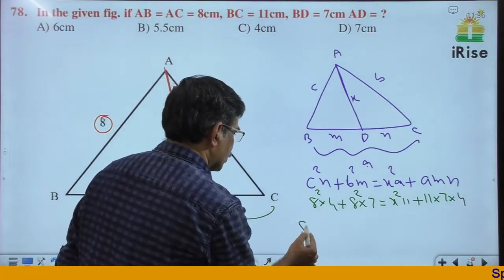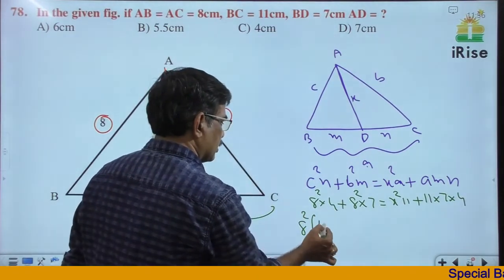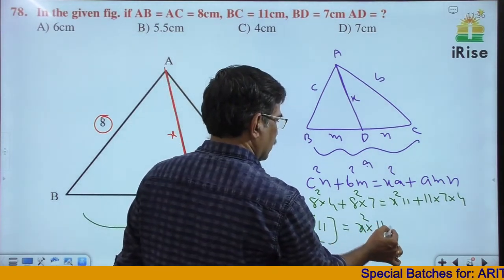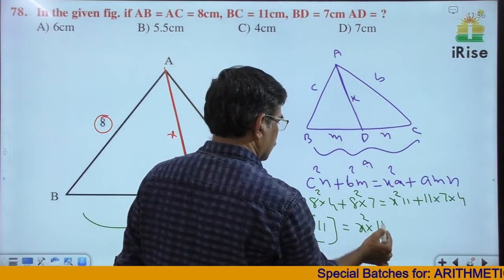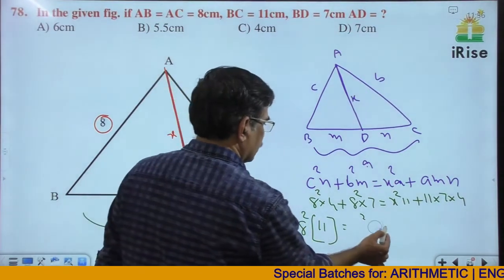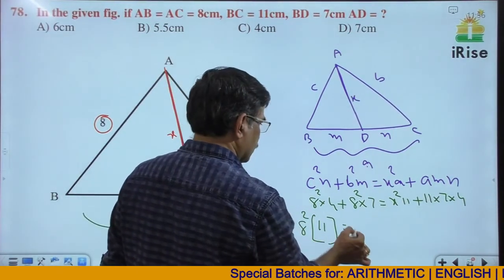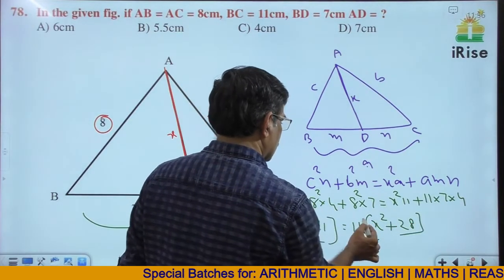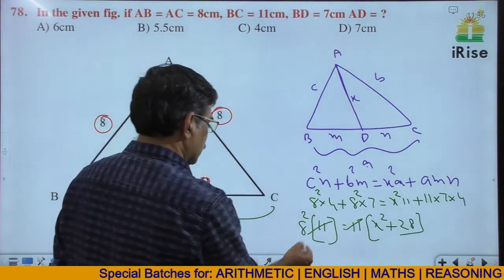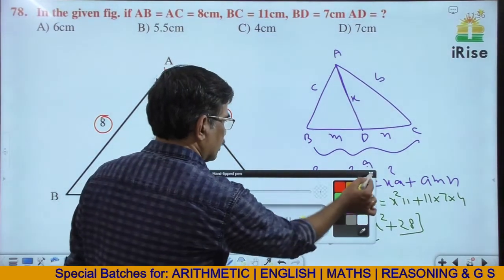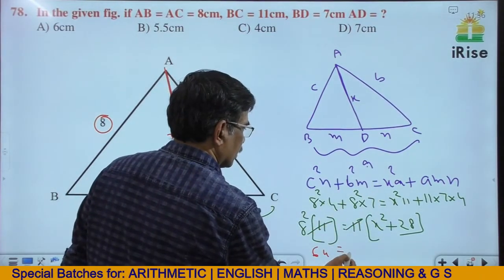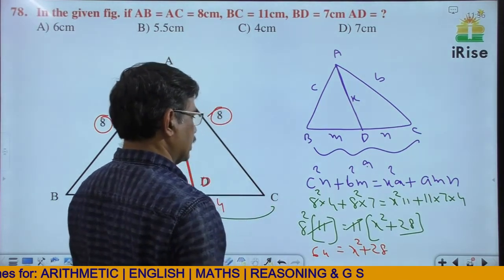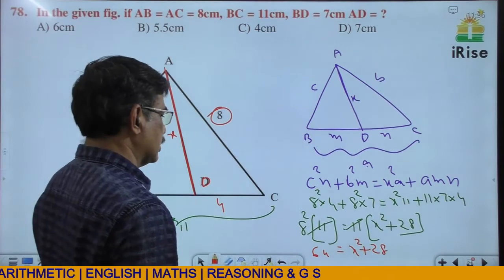I want to take 8 square common here. 4 plus 7 is 11. x square into 11. Take 11 common in this case. We get x square plus 28. 11, 11 cancel. 8 square 64 is equal to x square plus 28. 64 minus 28 is 36.